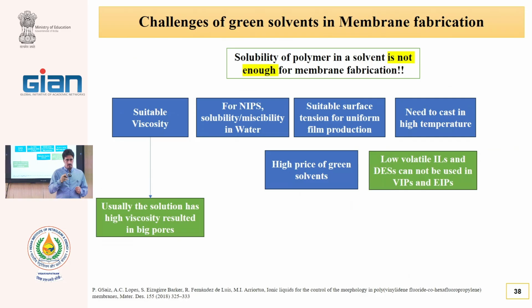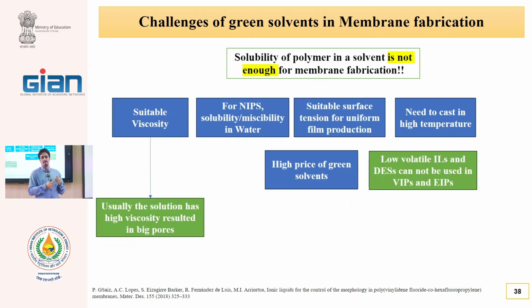In most cases, in the NIPS method, when we use NMP or DMAc, and the non-solvent is water, DMAc with water is miscible. Miscible means that when we add them, there are no two phases, just one phase, okay? But bio-based green solvents, because they are bio-based, such as oil, are not miscible with water.